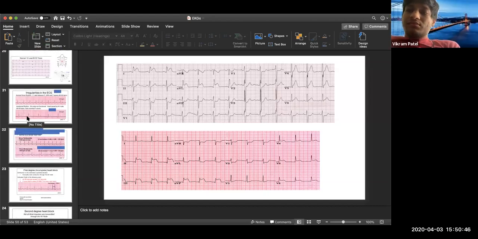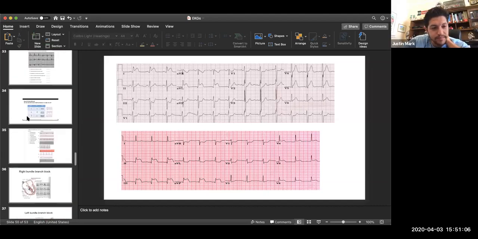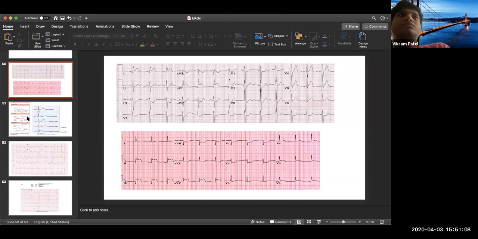Is there really any pathology that has that? Because if you know that no P waves are associated with something irregular, and you don't see that here, then you could just not waste your time. That's a pretty fair point. I can't think of anything aside from AFib, VFib, things like that.